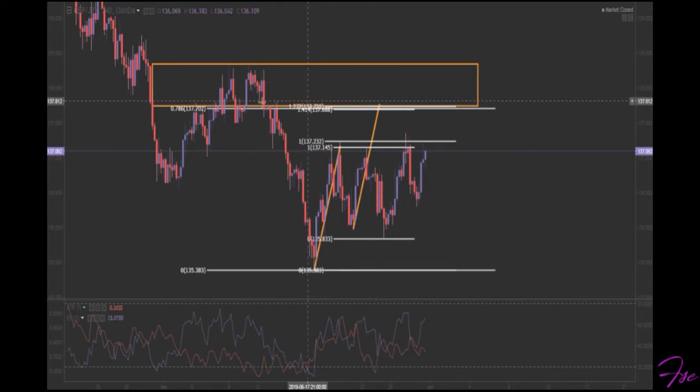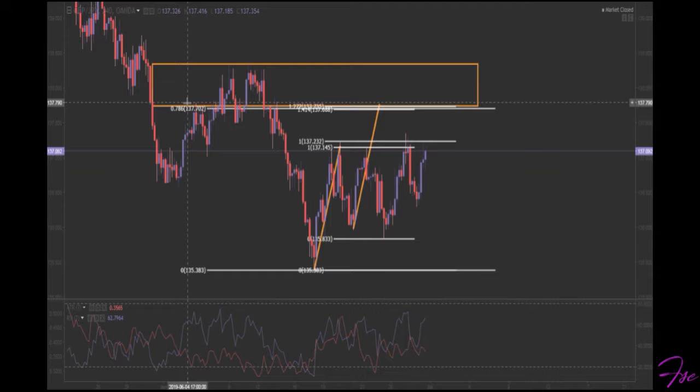So we've got a cluster of fib levels at this level. I'm expecting price to react here. Not only do we have fib retracement, fib extension, and fib inversion, all the fibs are lining up within my zone.